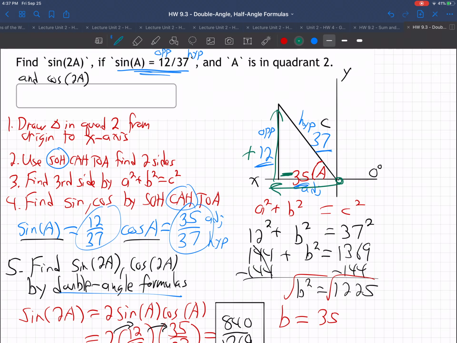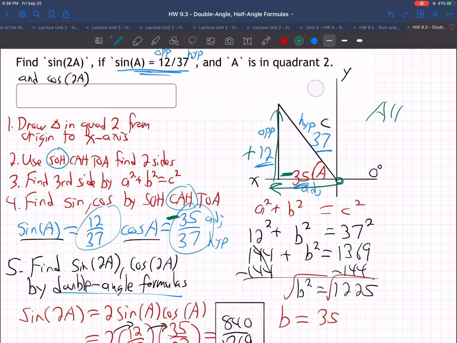So that cosine should be minus 35/37. I messed that up. Right? That making sense? And you also know the all students take calculus.